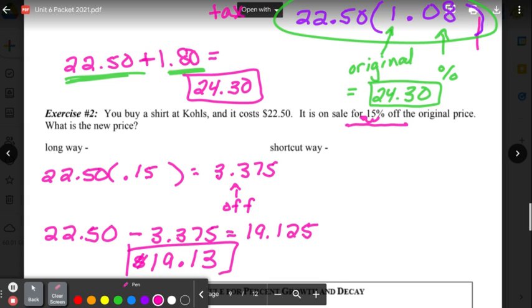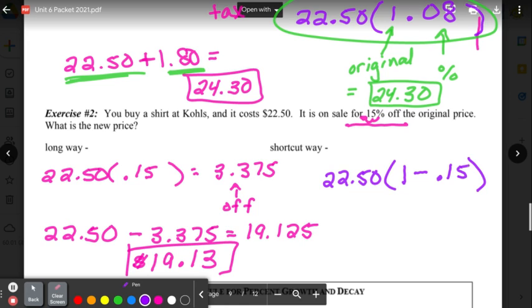So again, the shortcut way, we can do this in one step. We're going to do 22.50. Now this time, and I should have said this up above, we're going to do 1, but we're not going to put these two things together because we're not combining like we did with tax. We're taking away. So I'm going to subtract my discount, 0.15.